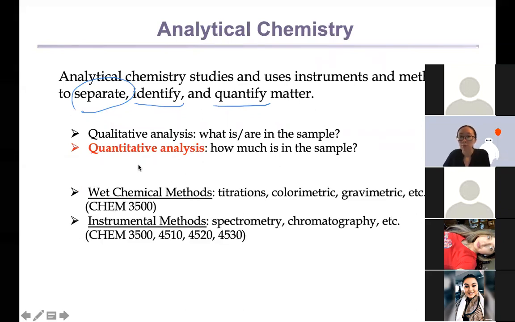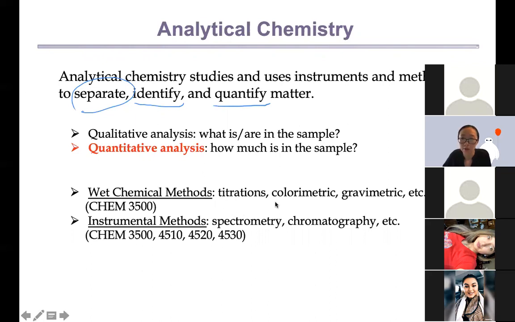And if we talk about all the methods involved in the quantitative analysis process, we can divide them into two groups. The first group is wet chemical methods or traditional methods, and the second one is instrumental methods or modern analytical methods. So for wet chemical methods, you probably have learned some of them, such as titrations, right?